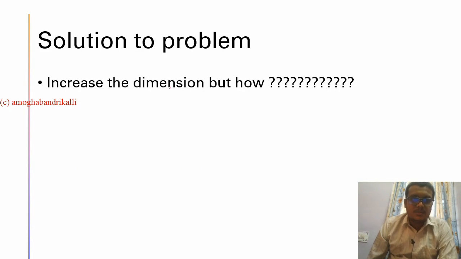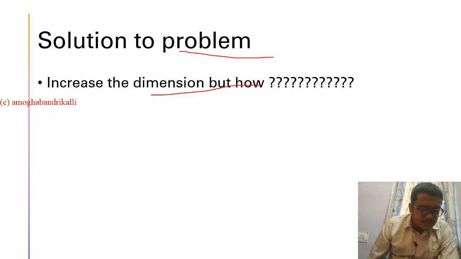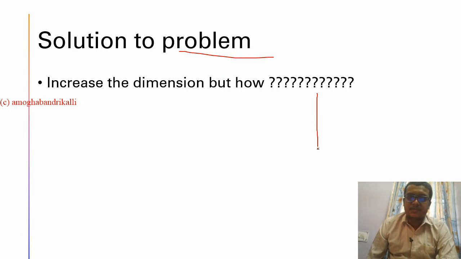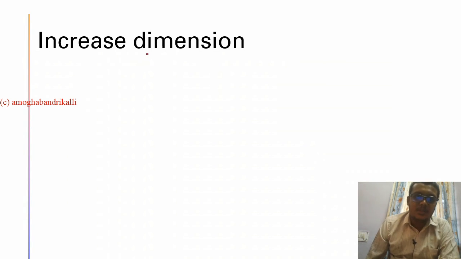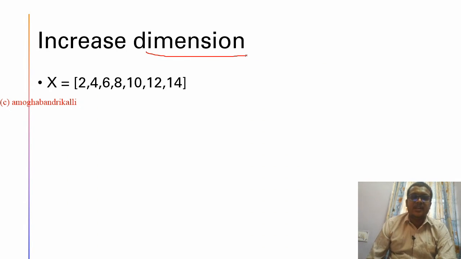So the solution to the problem is to increase the dimensions. But how to increase the dimension here? Dimension actually means the way the points are allocated. So this is 2D. You are going to enhance it to a 3D version. So now you need to increase the dimension.